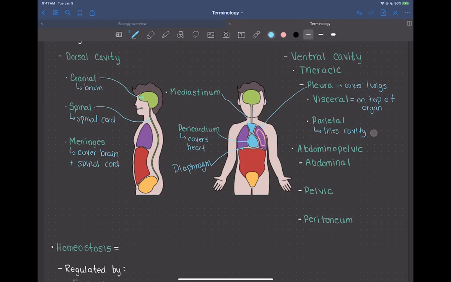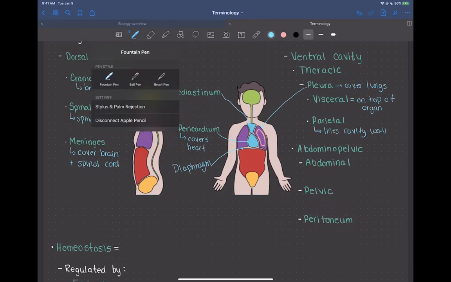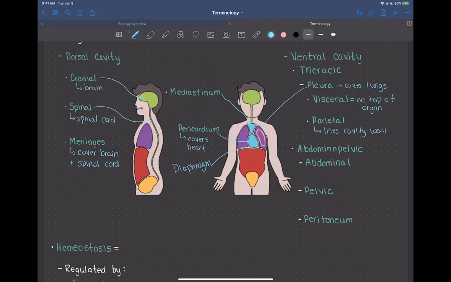If I were to point that out on here, you would have parietal pleura all around the edges out here. So visceral pleura would be on top of the lungs, and parietal pleura would be on the edges of that thoracic cavity wall. You can have visceral pleura, parietal pleura, visceral and parietal pericardium, and visceral and parietal peritoneum. Visceral means on top of the organ, parietal means lining the cavity wall.